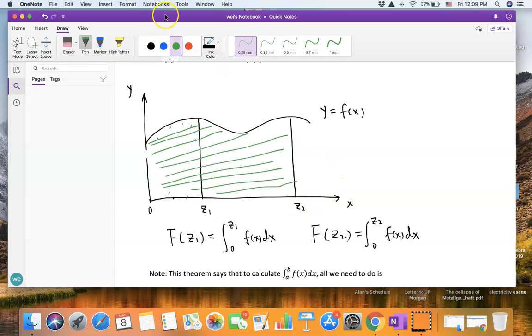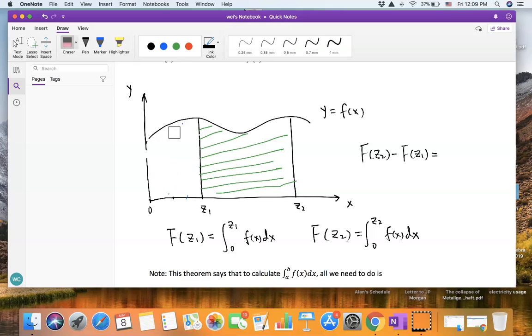Now the difference between these two functions is going to be the difference of the regions, this green region minus this blue region. So that will be only this region, this area.